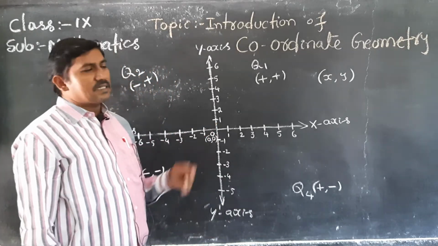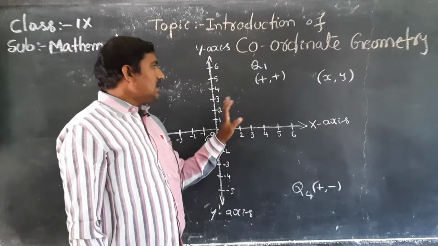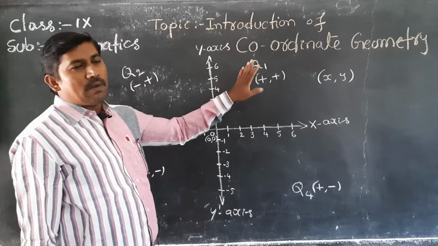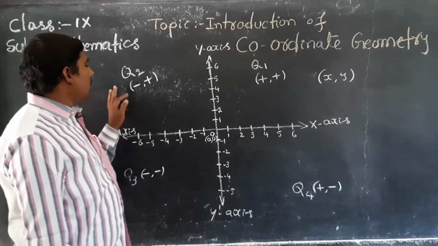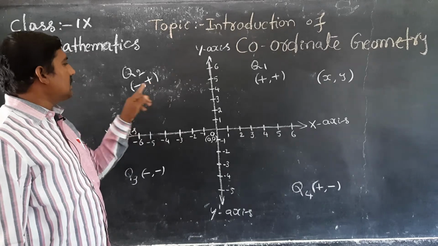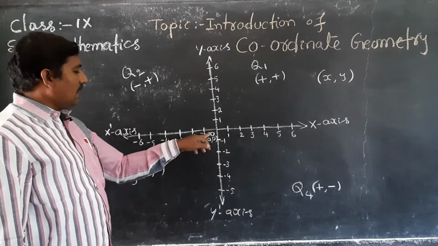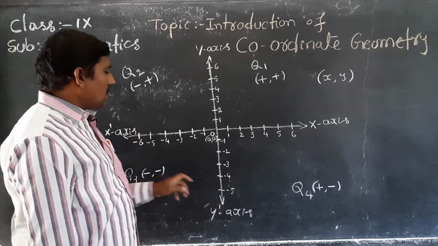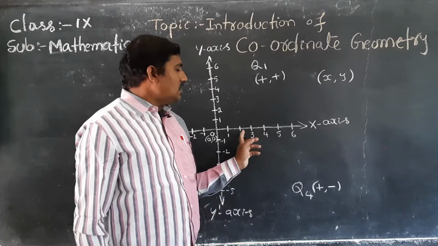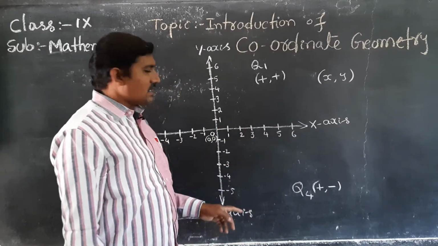This was already completed in the last class. Q1 is plus comma plus, Q2 is minus comma plus, Q3 is minus comma minus, and quadrant 4 is plus comma minus.